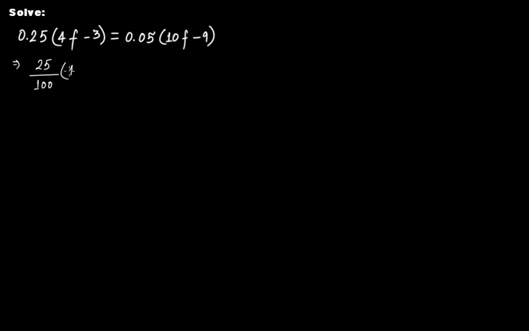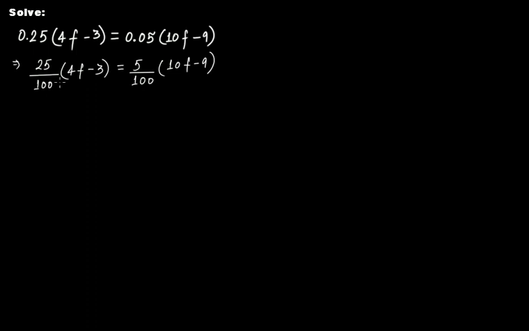Now this is 4f minus 3, and we have discussed all these things in our earlier videos. We have learned all these things. Same thing, this is a decimal point. How many digits do we have after the decimal point? We have 2 digits. So simply write it as 05 means what? 5 divided by 100, and this is 10f minus 9. Right?